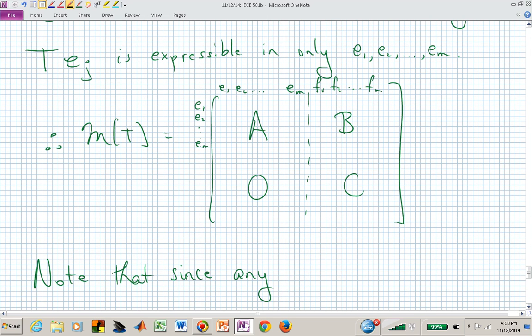Meaning now if this is the matrix representation of T, the matrix representation of T dagger is the transpose. And so now if we needed to apply that matrix representation to any of these vectors e sub j, it's going to be represented by a linear combination of e1 through em plus f sub 1 through f sub n.